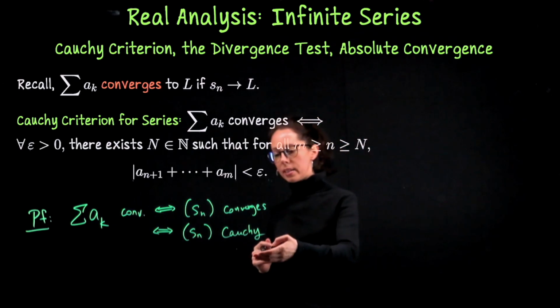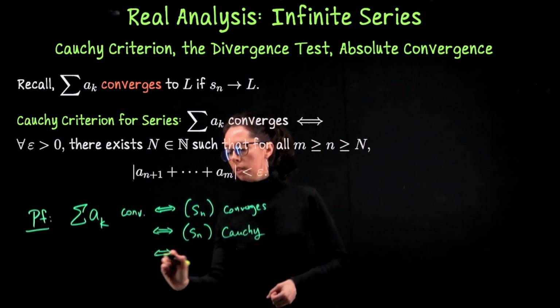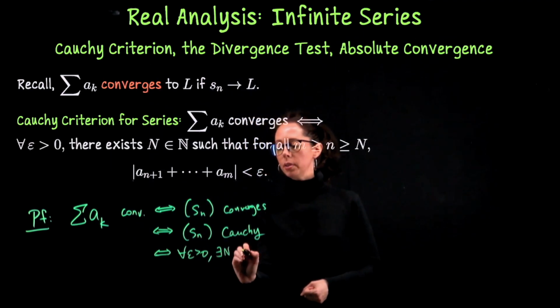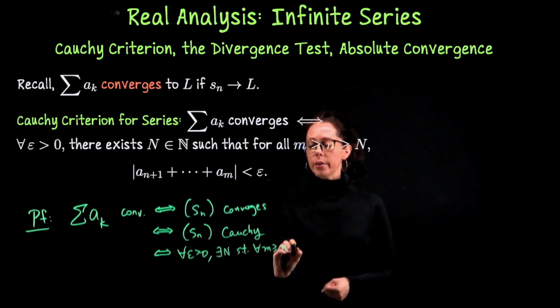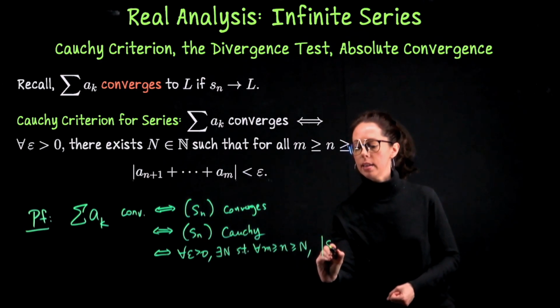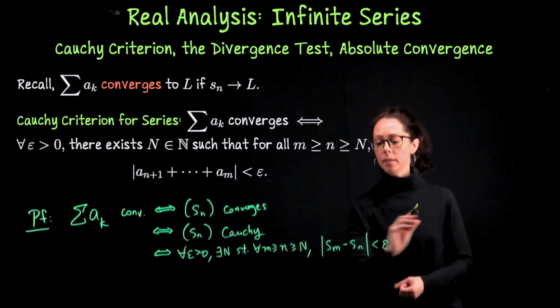And then my next if and only if is really just a statement of the definition of a Cauchy sequence. So for all epsilon greater than 0, there exists a threshold index capital N such that for all pairings little m greater than or equal to little n greater than or equal to the threshold, S sub m minus S sub n is less than epsilon.